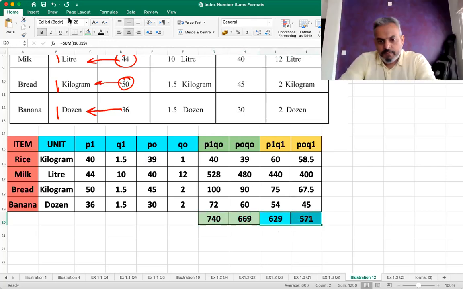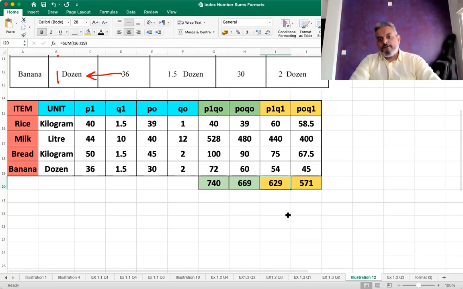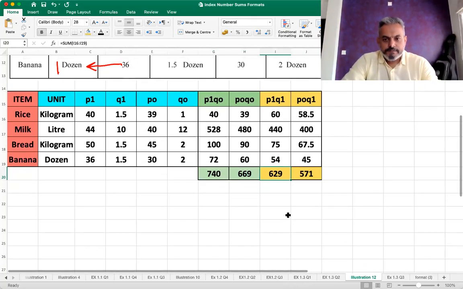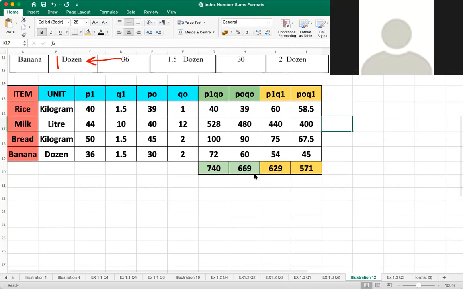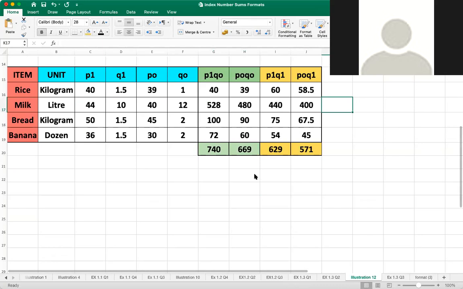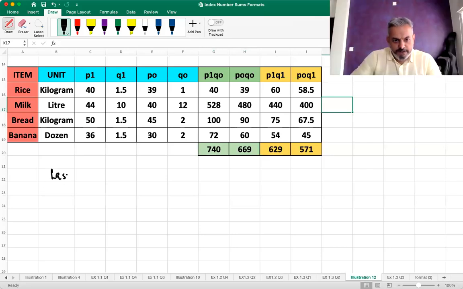Now, let's go for the formula. First, we go for Laspeyre's index number.